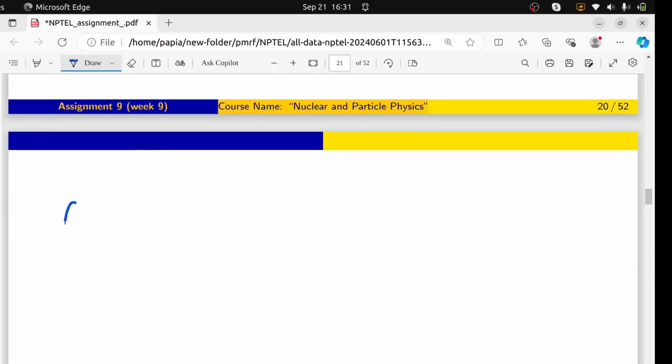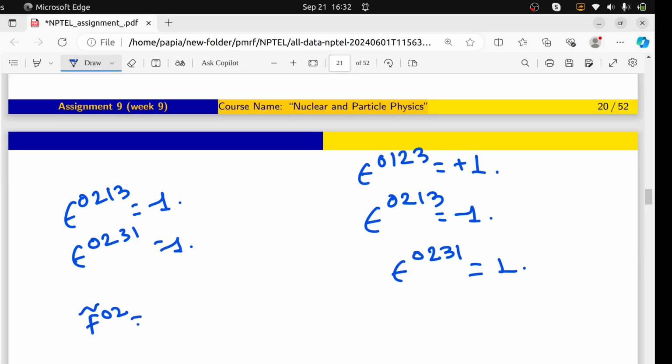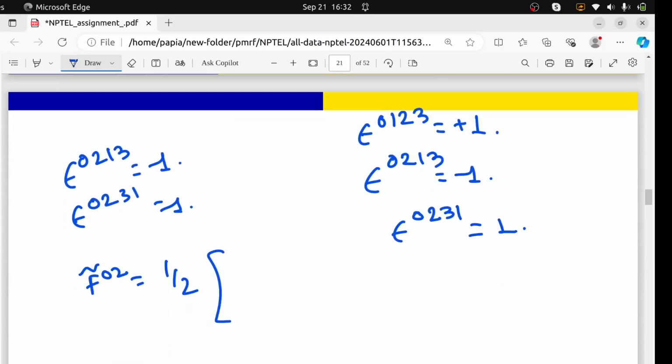Now 0 to 1, 3 is minus 1, so 0 to 1, 3 will be minus 1, but again 0 to 3, 1 will give a plus 1, and epsilon 0 to 3, 1 is plus 1. So if 0 to tilde will be like 0 to 1, 3, that is minus 1, so that means minus f1, 3.